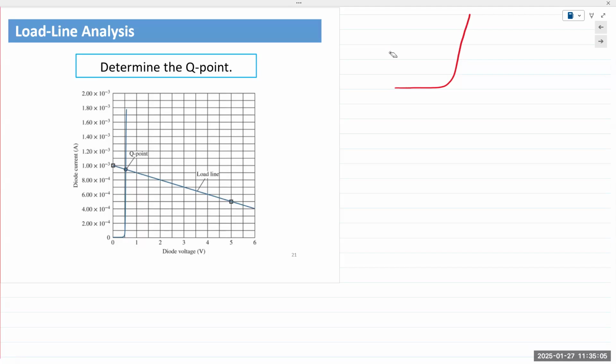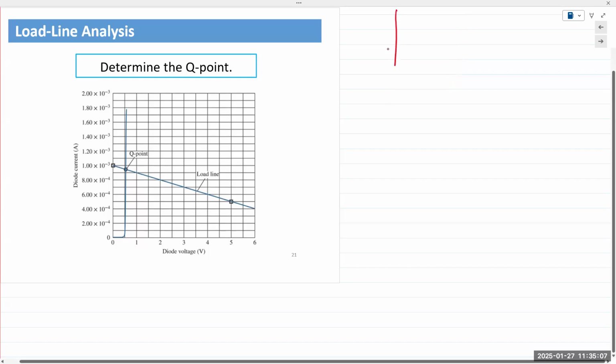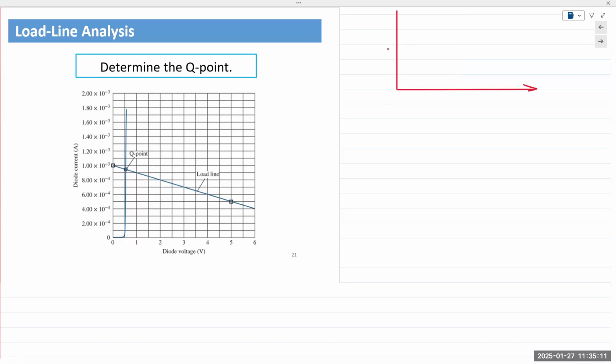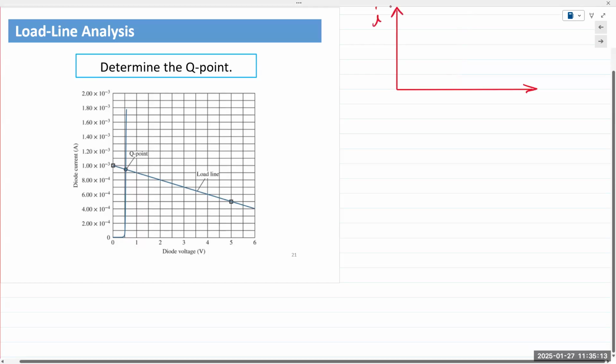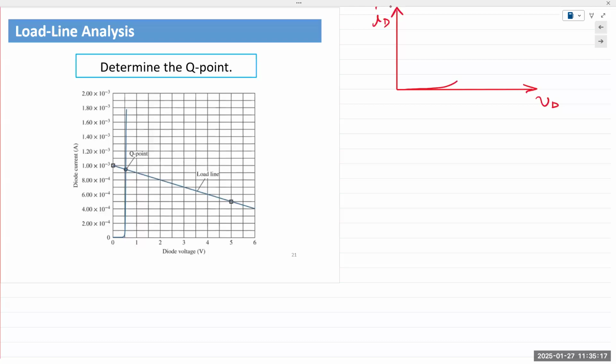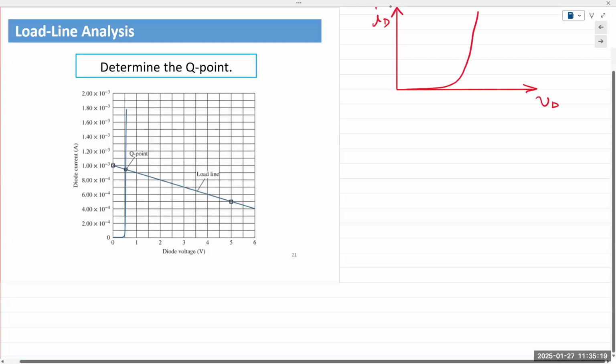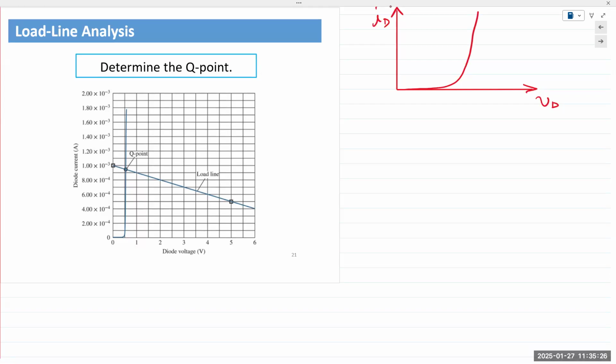It's a plot of the current as a function of the voltage. So if we know the current, we can find the voltage. If we know the voltage, we can find the current. In this case, both of them are unknown to us. We don't know what the diode voltage is. We don't know what the diode current is.